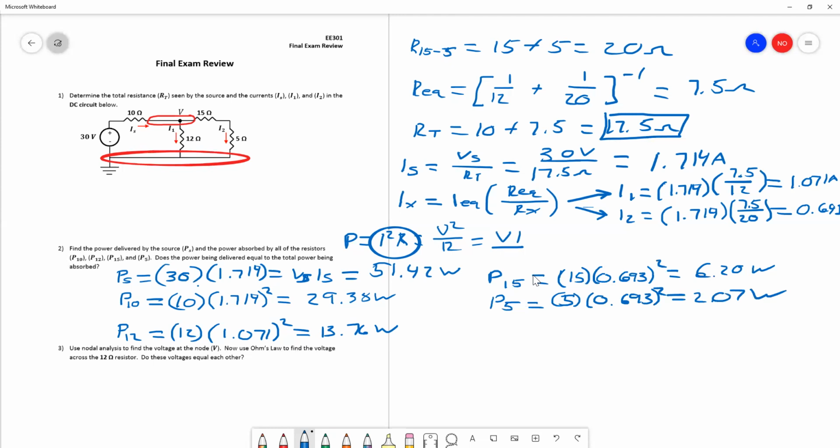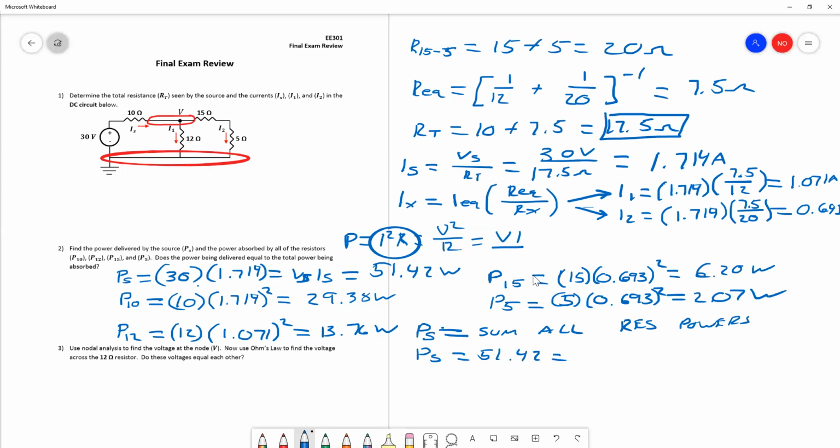Now, if you notice, when you answer the final part, does the power being delivered equal the total power being absorbed? So what you'll do to test that is you'll say, does source power equal the sum of all resistor powers? And in this case, PS equals 51.42.